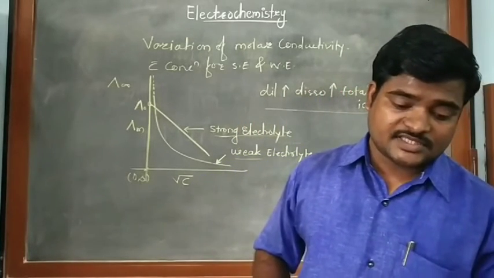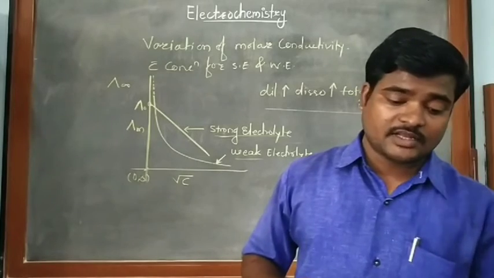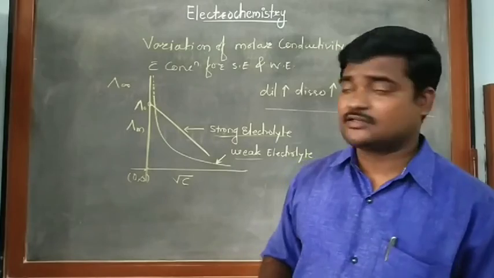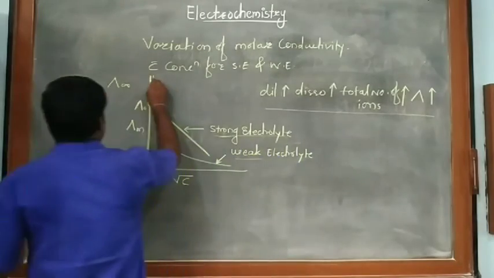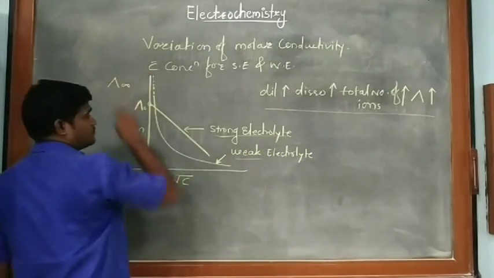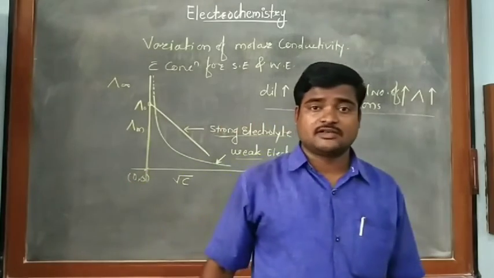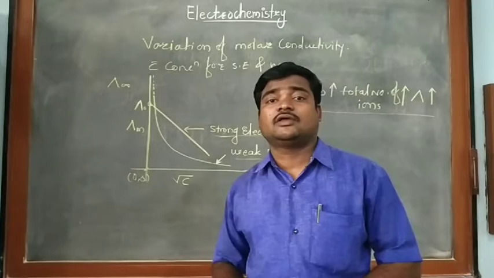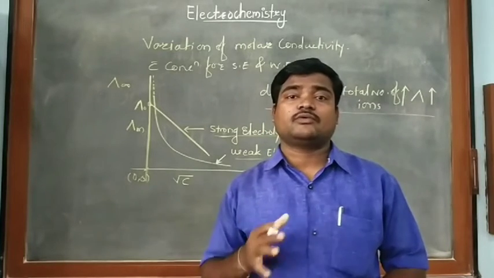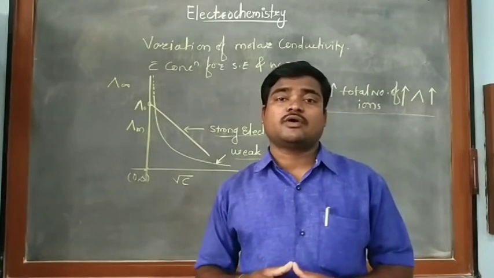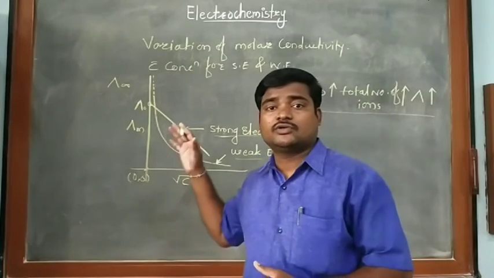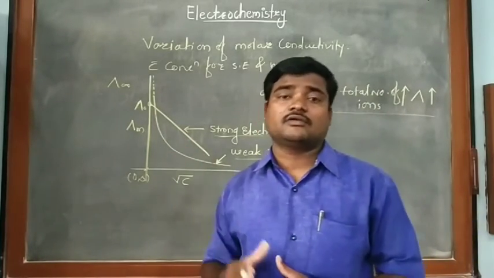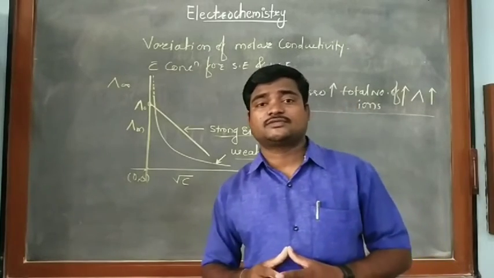Therefore, since the graph increases exponentially at very high dilution and does not intersect the y-axis, this is the reason why this method is not applicable to calculate the lambda 0 values for weak electrolytes. So this is all about this curve which is given in your textbook.